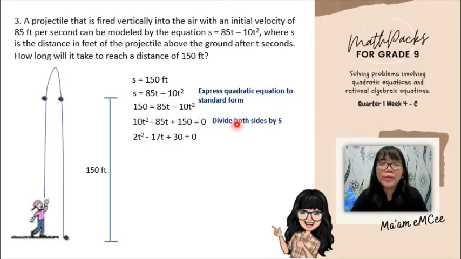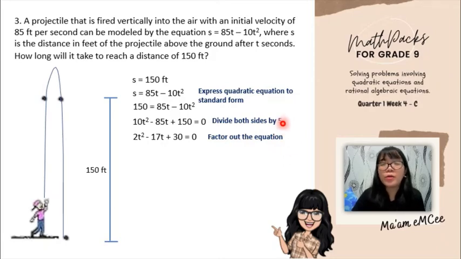Since 5 is also a factor of 10, instead of dividing by 10, we just divide by 5 because all of the terms are also divisible by 5. So 10t squared divided by 5 is 2t squared. Negative 85t divided by 5 is negative 17t. Positive 150 divided by 5 is positive 30. 0 divided by 5 is equal to 0. So our reduced quadratic equation is 2t squared minus 17t plus 30 equals 0.